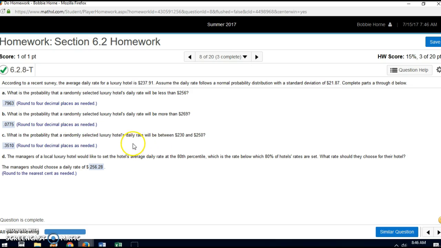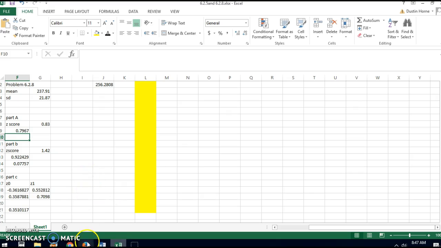And then, what is the probability that a randomly selected luxury hotel's daily rate will be between 230 and 250? We will do 2 z-scores. We'll do 1 for 230, and 1 for 250, and we'll take those z-scores and plug them in. Let's see if that works.